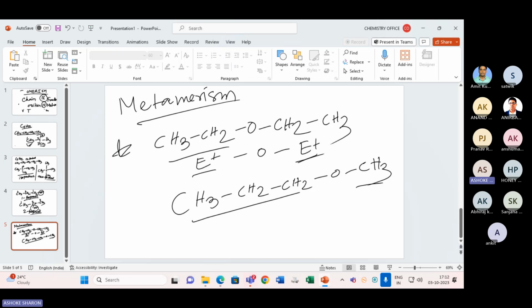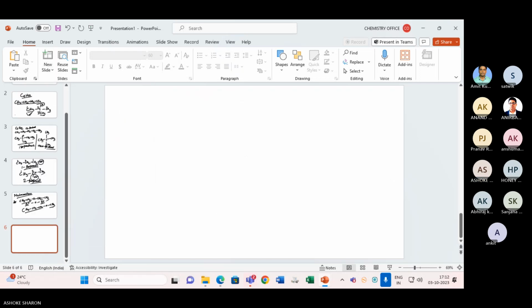So there you can get different types of ketone compounds also. So if you consider another type, if I consider ethyl, CO, ethyl, we can draw this compound, called diethyl ketone. We can write this compound in a different way.